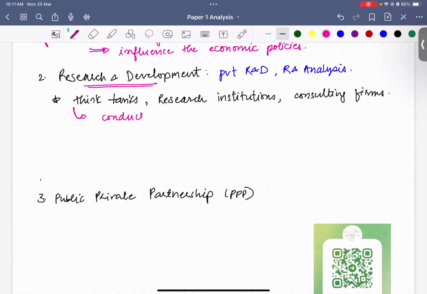Now, since there is public and private both, with the help of private, you can also attract other private capital. Okay, there are many examples of PPP that we see, especially in road constructions or the toll constructions.